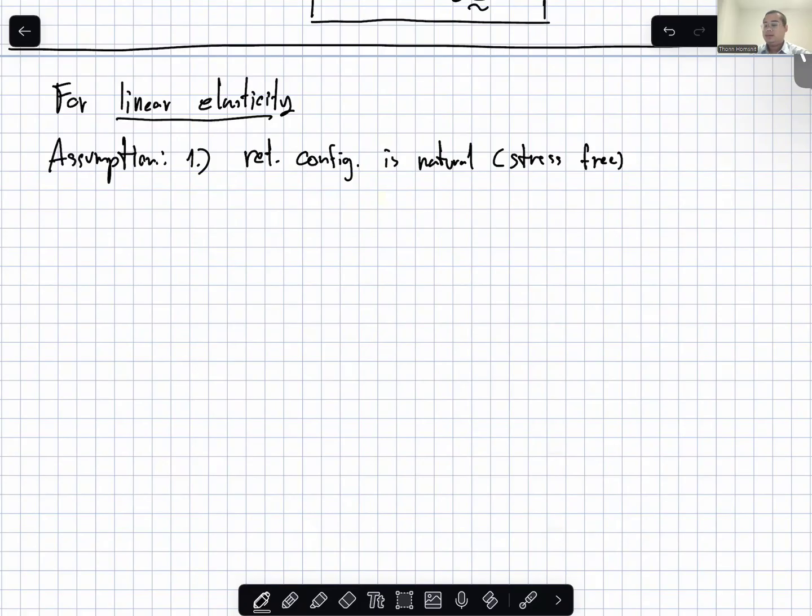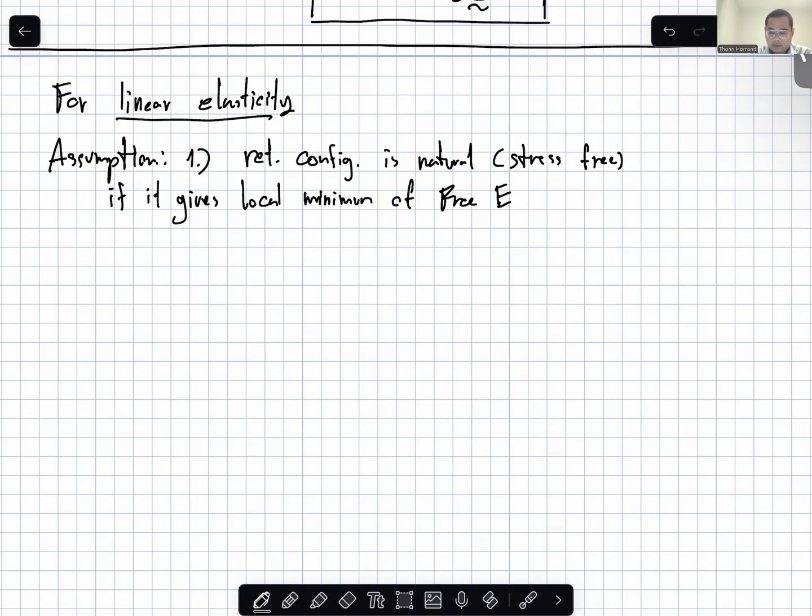What does it mean? The reference configuration is natural if it gives a local minimum of the free energy.